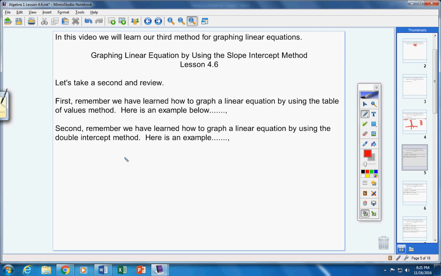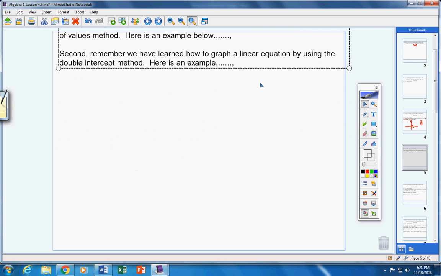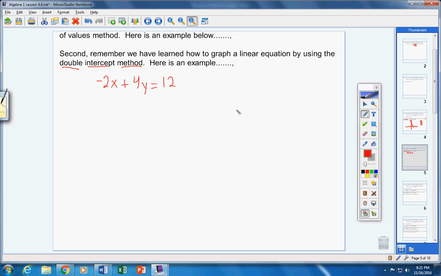Now, second, remember we have learned how to graph linear equations by using the double intercept method. So here's an example. Watch this carefully, please. Alright, here let's say our equation is negative 2x plus 4y equals 12, okay? And I asked you to graph that using the double intercept method. Well, you want to find the x and the y-intercepts.